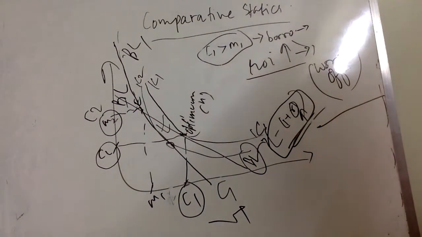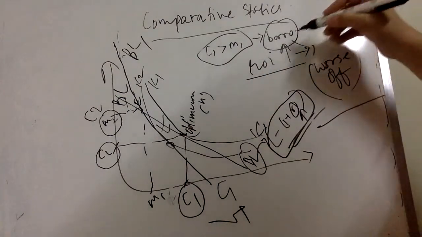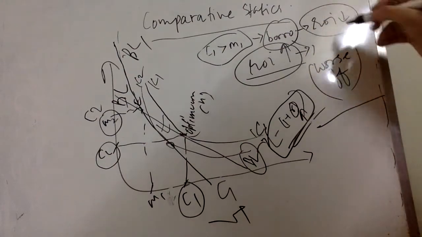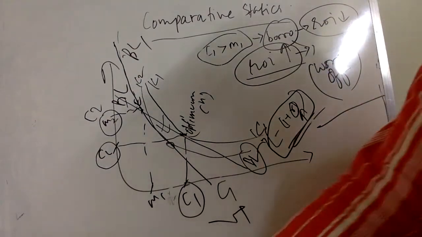So keep this concept in mind. Next we'll discuss if he's initially a borrower and the rate of interest falls. Will he be better off or worse off? Think about it.